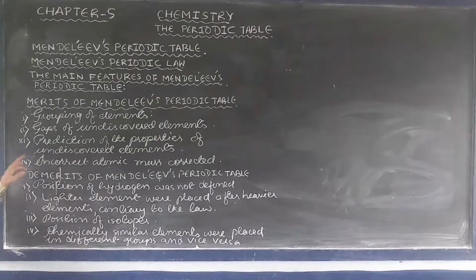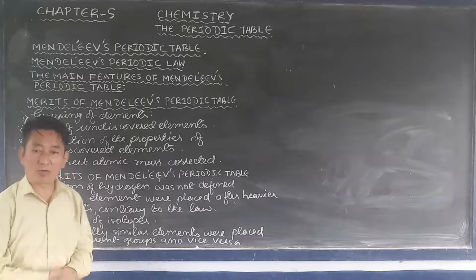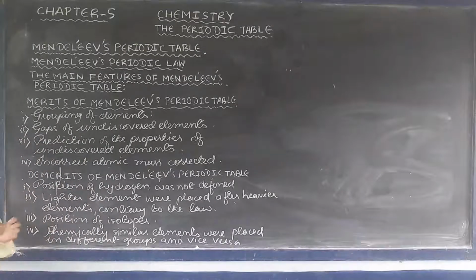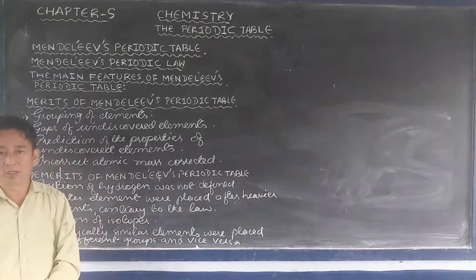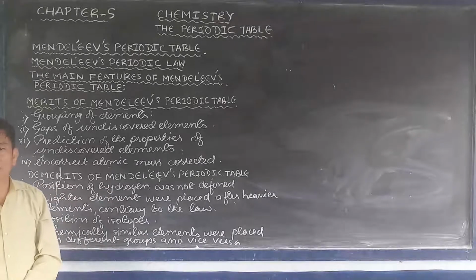Number 3, prediction of the properties of undiscovered elements. He predicted the properties of elements which were not discovered at that time, like Eka-aluminium, which means one place just below aluminium.